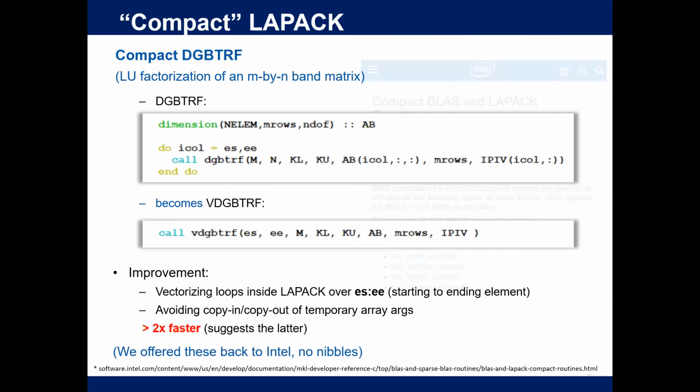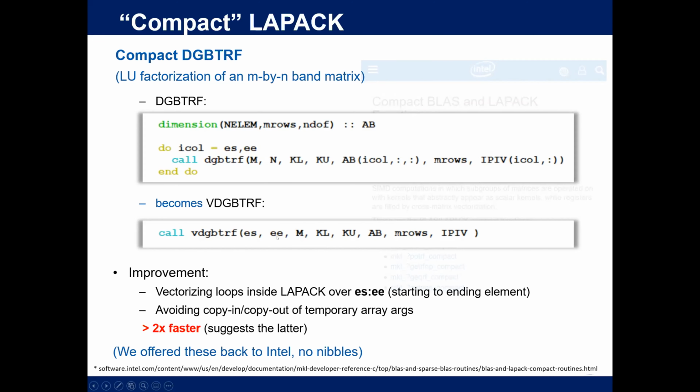The effect on the way we call these is originally with the LAPACK version, we have to have a loop over the elements, and then for each column, we call the DGBTRF separately. We can change that to VDGBTRF and call that en masse by passing it the first element index and the last element index.